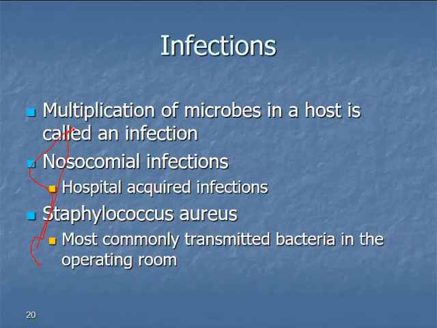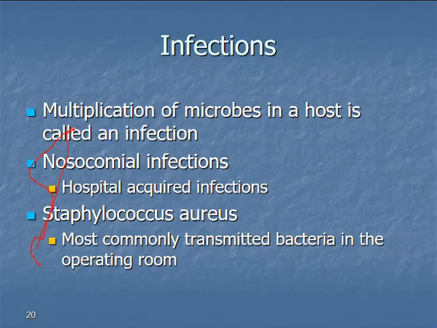It could be a wound infection that was a result of poor practice of asepsis, but it could also mean that a patient was in the hospital and a staff member came in that was sick, and the patient got that illness, or a family member of that patient came to visit, and that family member was sick, and so while they're in the hospital, that patient gets an infection. It could mean that they've had an IV site too long and it gets infected, or a urinary catheter several days and it gets infected.